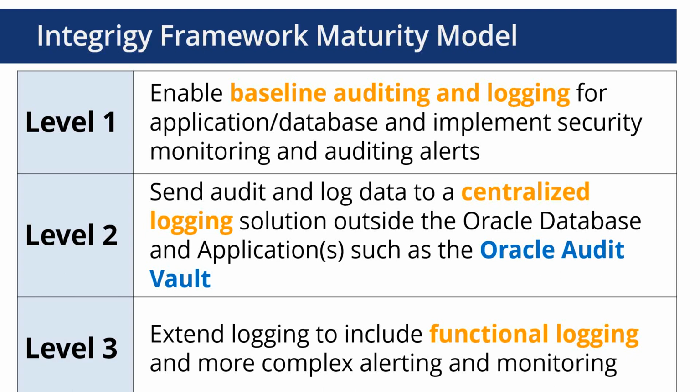So if you don't have auditing turned on today, you would start with level 1. Level 2 would be consolidating that log and audit data into a centralized log and audit solution, such as the Oracle Audit Vault. And level 3 is this continuous improvement, starting with the ability to overlay functional logging and really more and more complex auditing and monitoring over time.